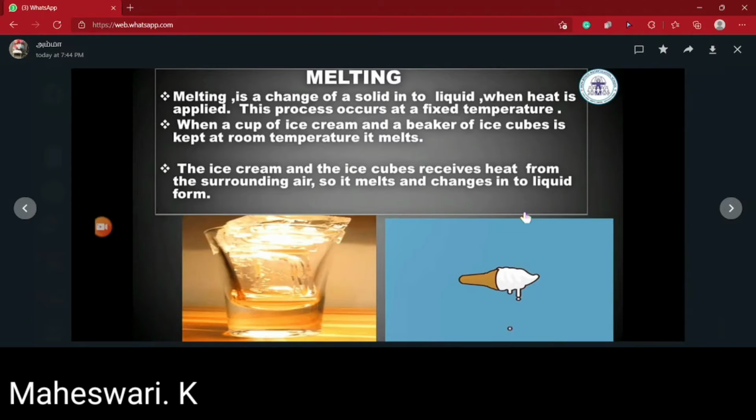When a cup of ice cream and a beaker of ice cubes are kept at room temperature, they melt. Why? The ice cream and the ice cubes receive heat from the surrounding air, so they melt and change into the liquid form.